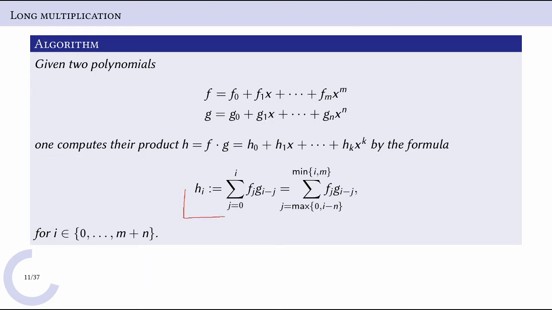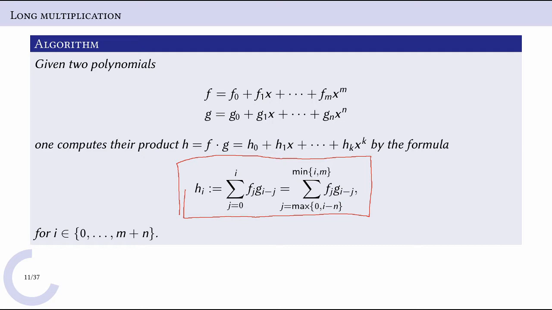So the product of two polynomials is a polynomial h which looks like this. Of course, I believe that you all know it from school, so I will not prove this formula because it's obvious. You all know how to multiply polynomials.